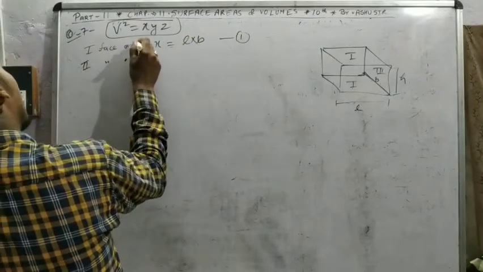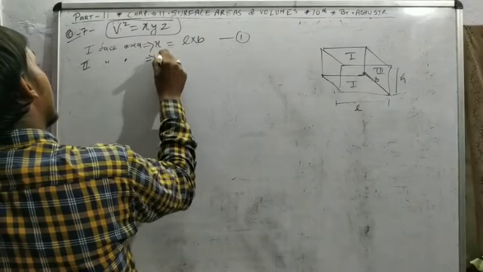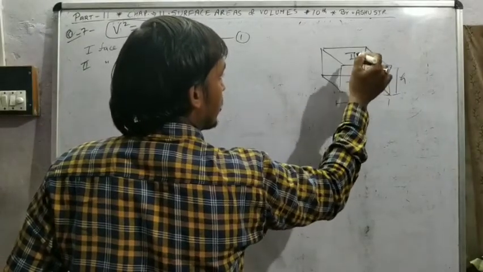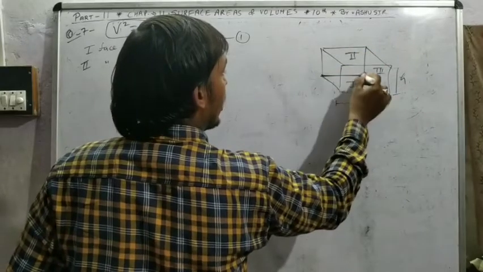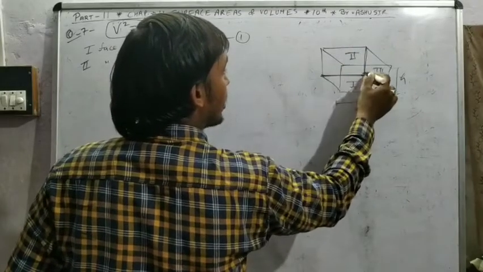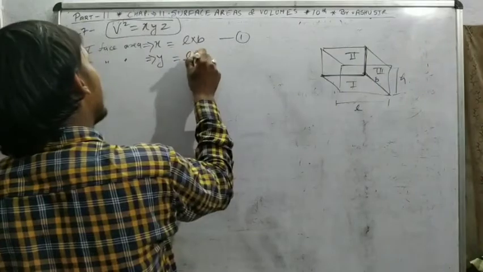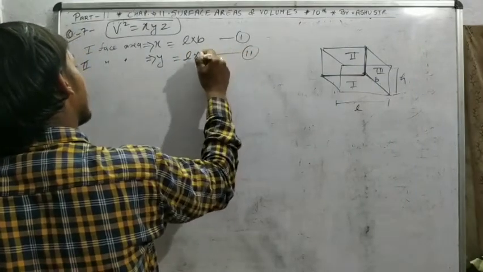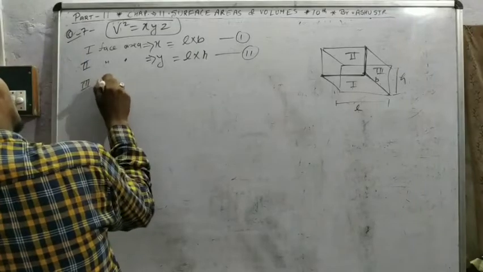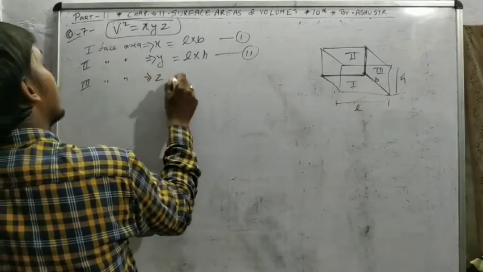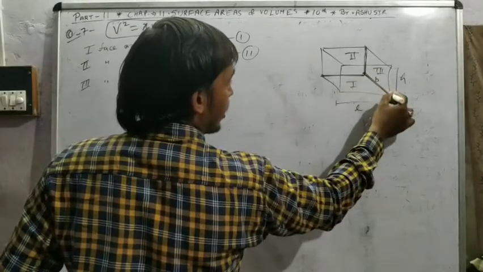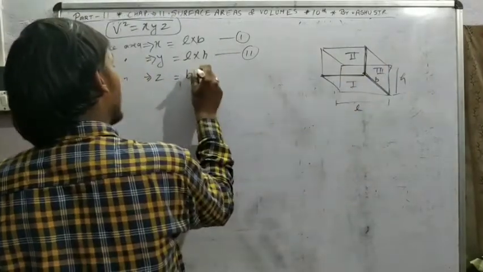Second face area, that is y, is length into height. Third face area, that is z, is breadth into height.